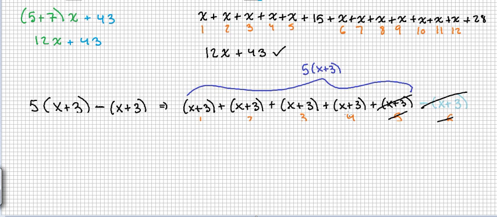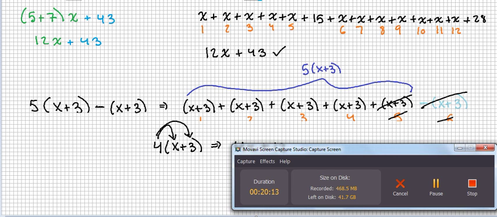Now we have 4. So this would just be 4x plus 3. We would distribute that 4 through and get 4x plus 12. And that concludes this video. It's kind of a long one, but yeah, you should now know what multiplication is.